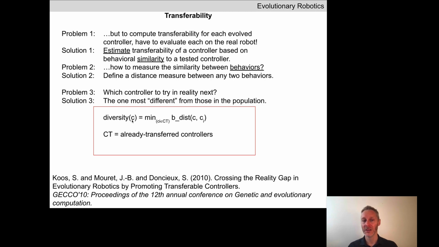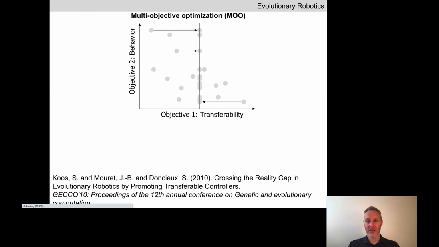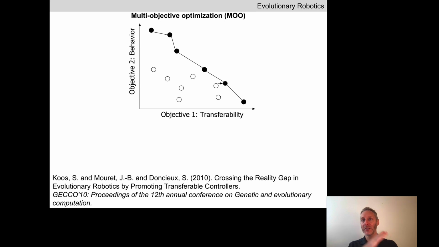Okay, so in this experiment, what we've finished describing is evolving this population to try and maximize behavior and estimated transferability. At every point in time, we pick one of these controllers that's very unique and send it to reality. Maybe it transfers well, maybe it doesn't. We bring that information back, and that transferred C goes into the set CT of transferred controllers, and we recalculate the estimated transferability of all the points in the population, because now we have an additional C sub I to compare them against.